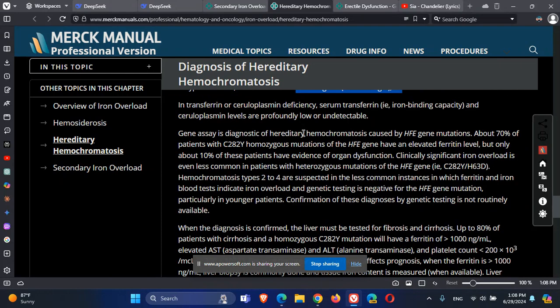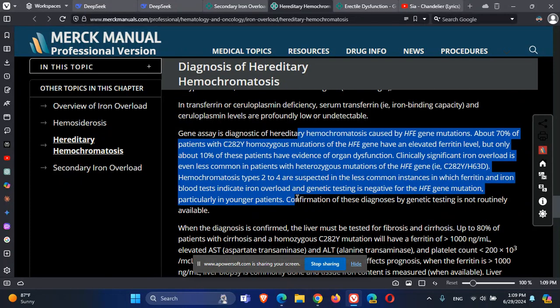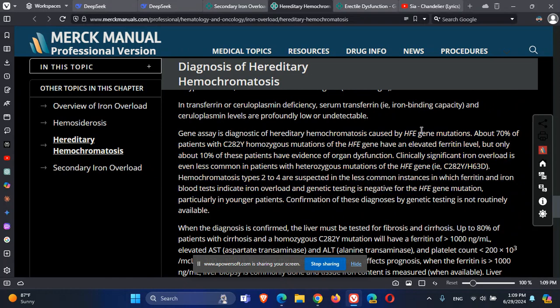Okay, here's the mutation. This is very interesting. 70% of patients homozygous for this mutation in the HFE gene have elevated ferritin, but only 10% have evidence of organ dysfunction.